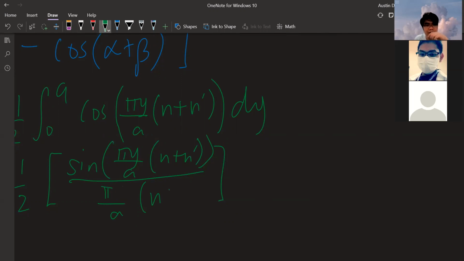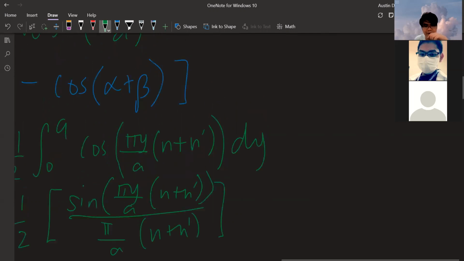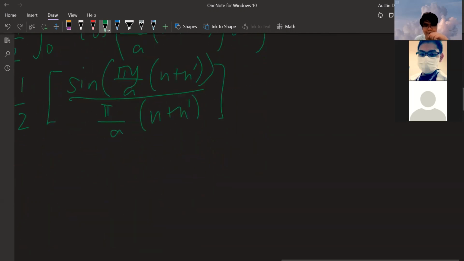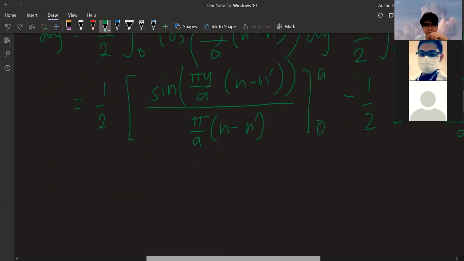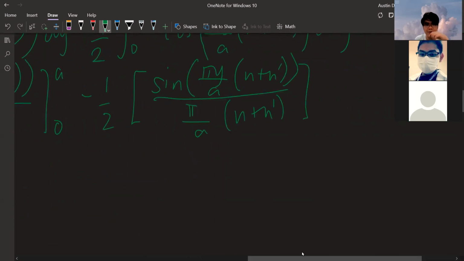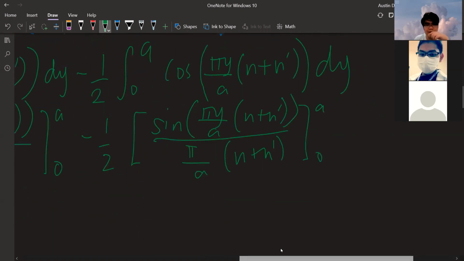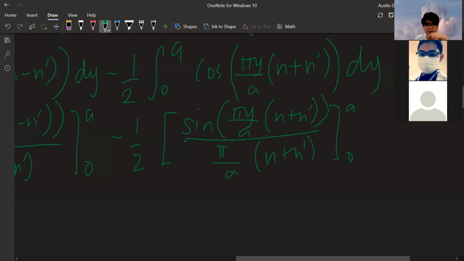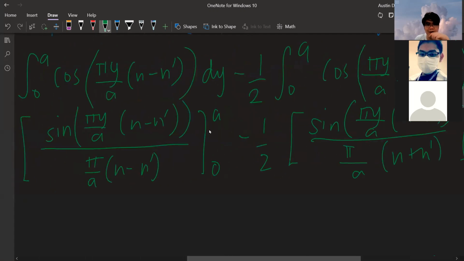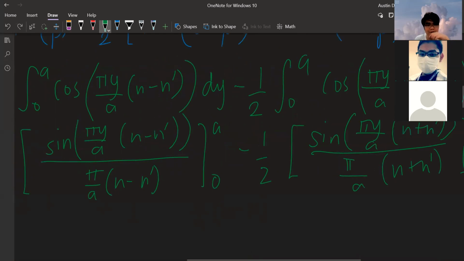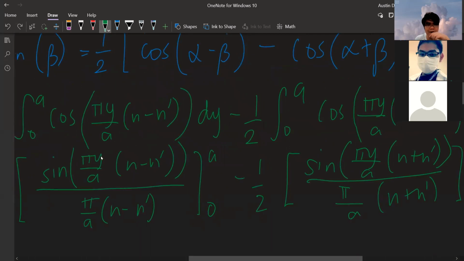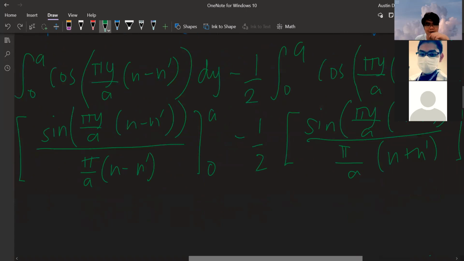Pi over a, n plus n prime, from 0 to a. Sine 0 vanishes, so the second terms disappear. I only evaluate the first terms, and amazingly, at y equal to a, the factors cancel.